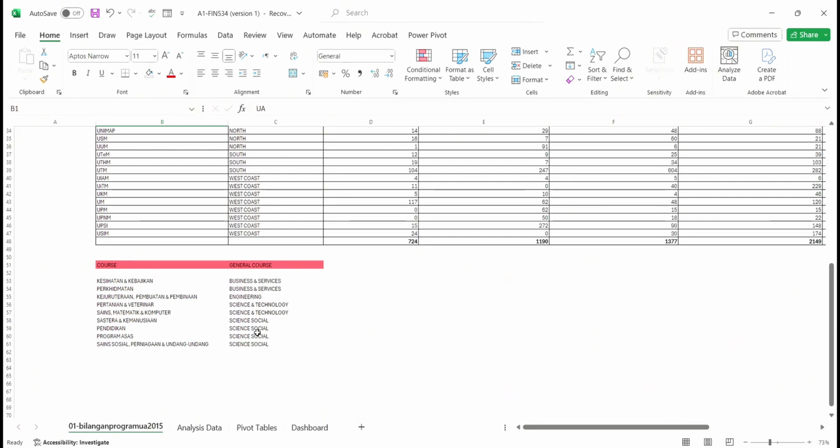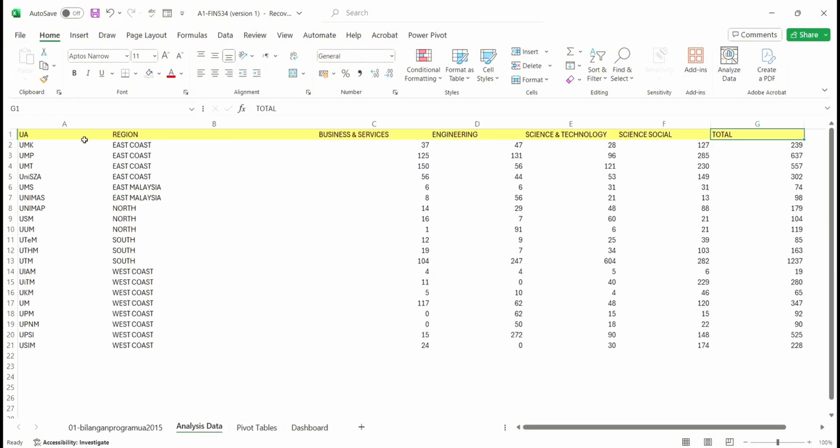So when the data is analysed, they have public universities, region and general courses, which are business and services, engineering, science and technology, science social, and the total.